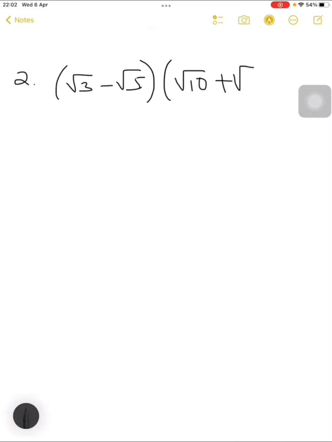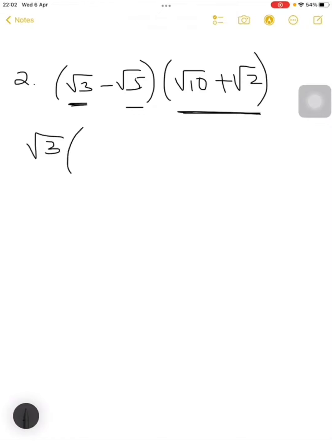Let's do example number 2. We have root 3 minus root 5, then root 10 plus root 2. Just the same way, take the first one multiplied by everything, minus the second one multiplied by everything.